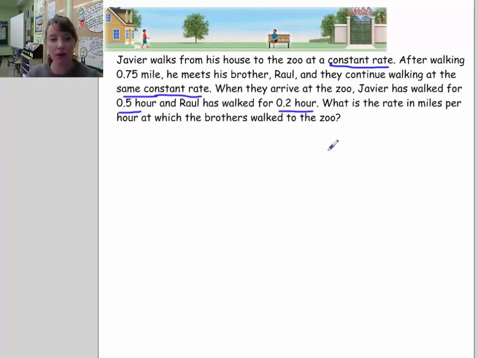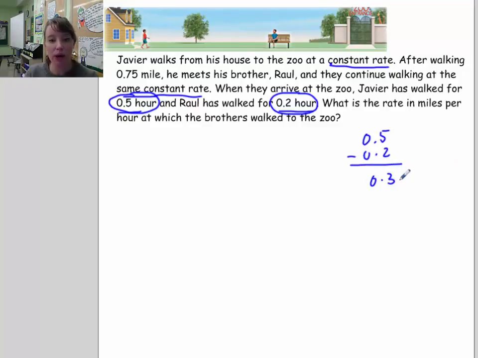Well, okay. We know that this rate right here and this rate right here are the same. So Javier walks to meet his brother, and they walk at the same rate to get to the zoo. And Javier has been walking for half an hour, whereas Raul has been walking only 3/10 of an hour after they get to the zoo. So that means that before Javier met Raul, he had already walked 3/10 of an hour, right?